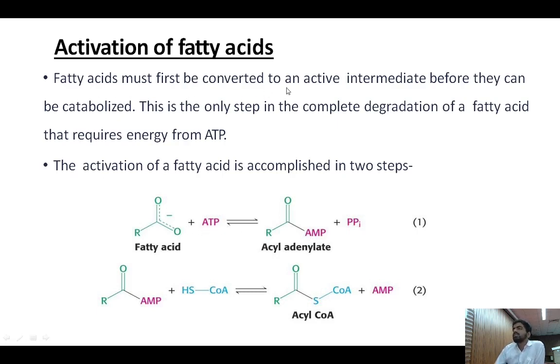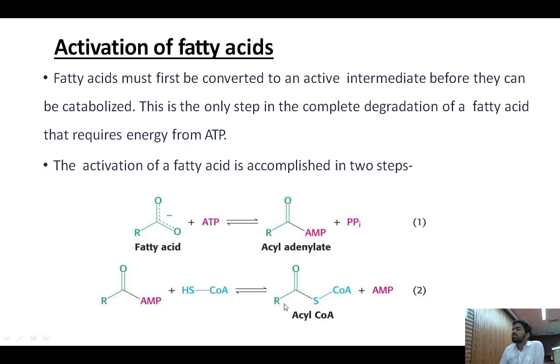So fatty acids must first be converted into an active intermediate before they can be catabolized. This is the only step in the complete degradation of fatty acid which requires energy from ATP, as I told. So fatty acid plus ATP forms acyl adenylate, and this acyl adenylate combines with coenzyme A-SH forming acyl coenzyme A. So acyl coenzyme A is nothing but fatty acid combined with coenzyme A-SH, and then AMP will be released.